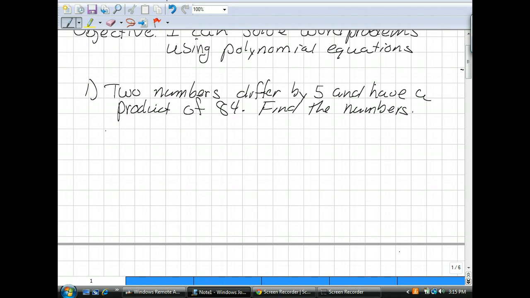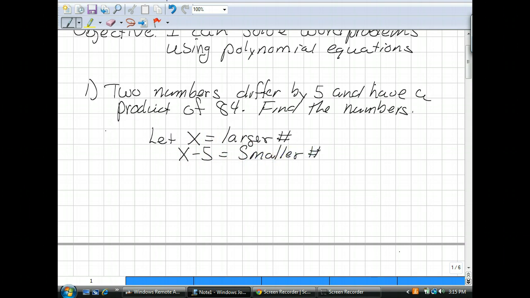Find the numbers. So step number 1 is to define our variables. Let x equal the larger number. Then the other number is going to be x minus 5, the smaller number.